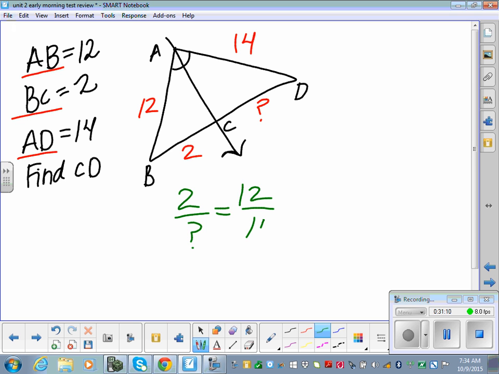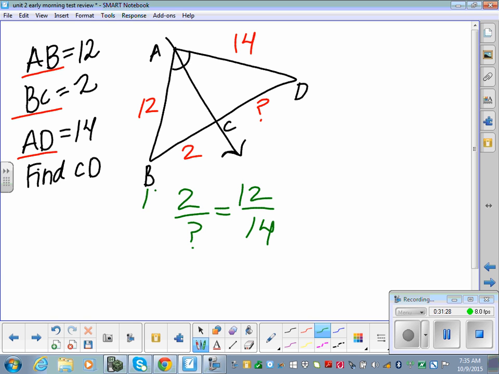Make sure on the test not to go 2 over question mark is equal to 14 over 12. Not correct. You've got to stay consistent. If you start on the left, 2 over question mark, you've got to go back to the left, 12 over 14. Are we okay with that? Then we cross multiply and solve.